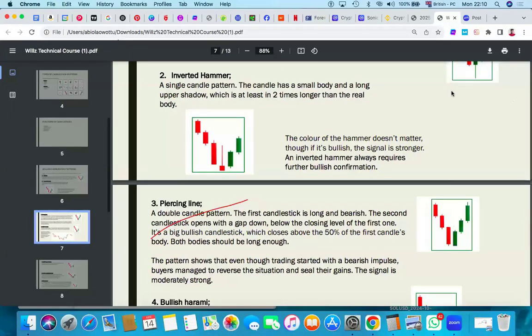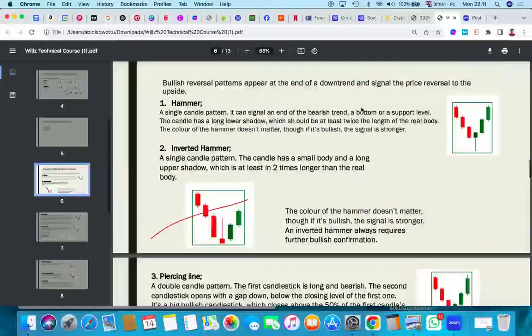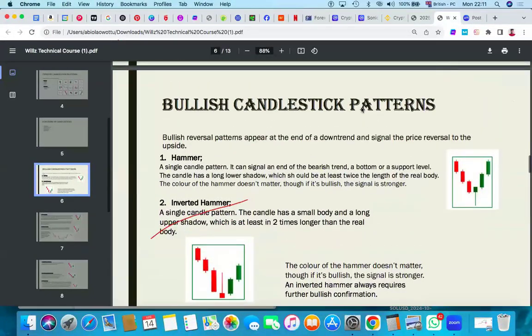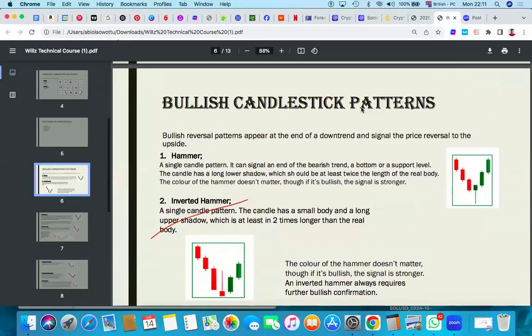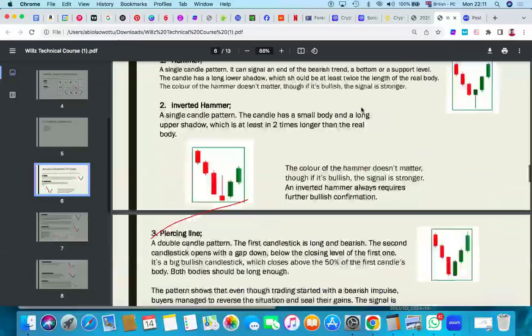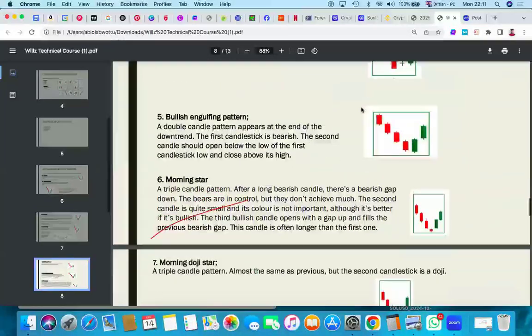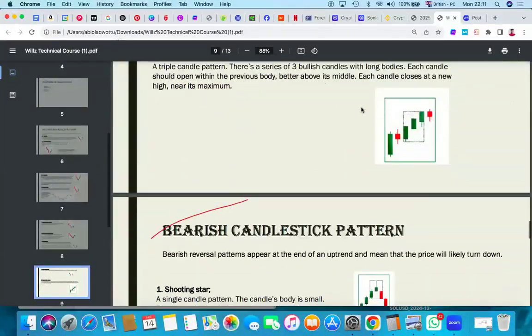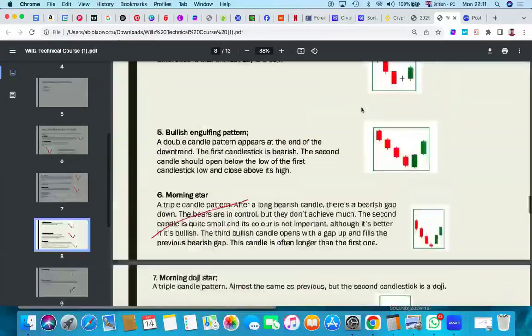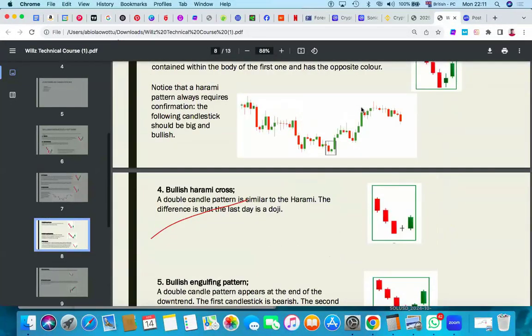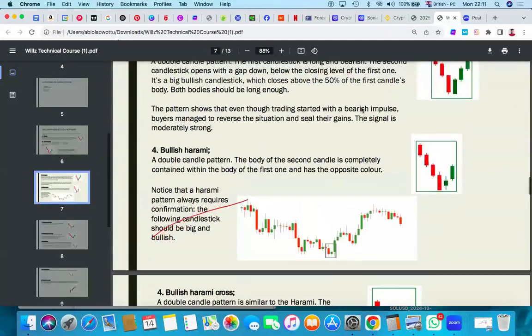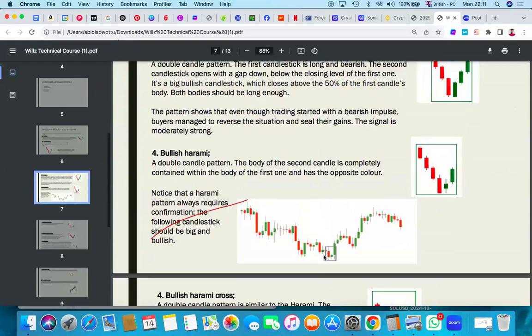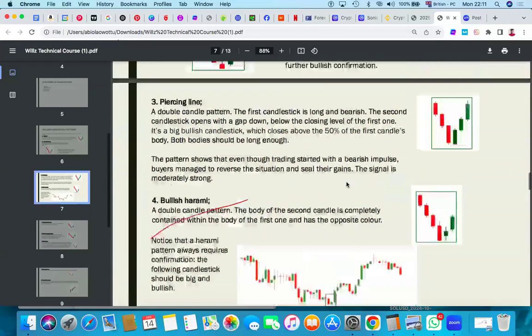If there's any question regarding these three topics that we talked about, the bullish candlestick patterns, we have up to like 8 patterns here, so we shouldn't rush it too much. We have a clear example here of a bullish harami, but we'll get to that.